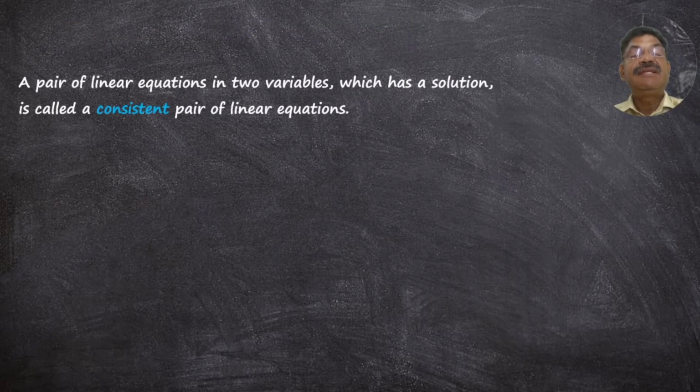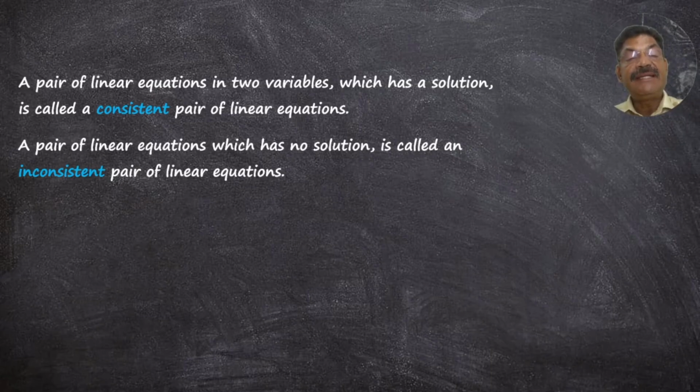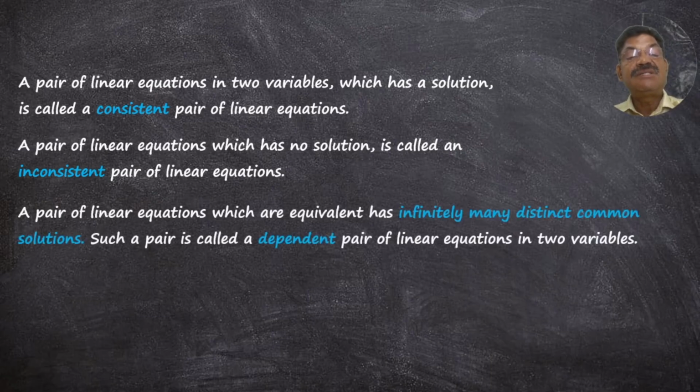A pair of linear equations in two variables which has a solution is called a consistent pair of linear equations. A pair of linear equations which has no solution is called an inconsistent pair of linear equations. So consistency means existence of a solution. Inconsistency means non-existence of a solution. A pair of linear equations which are equivalent has infinitely many distinct common solutions.